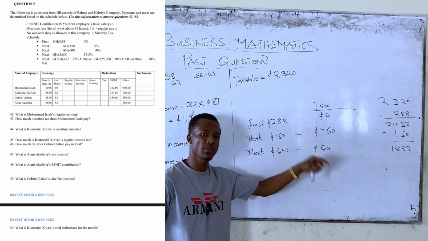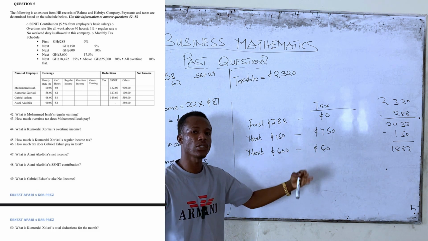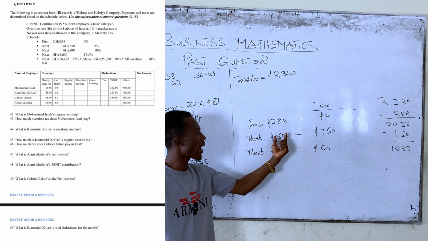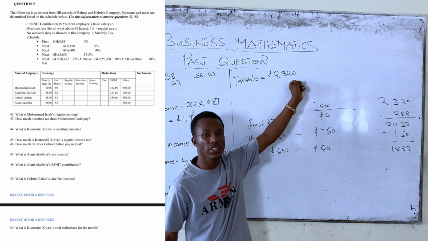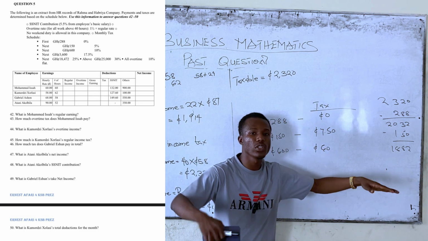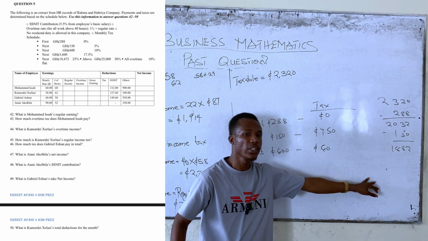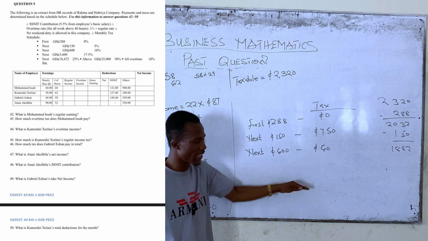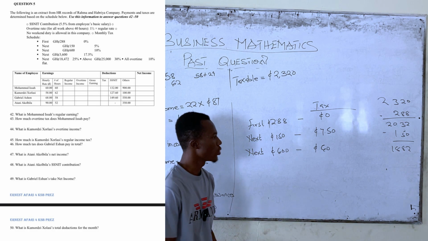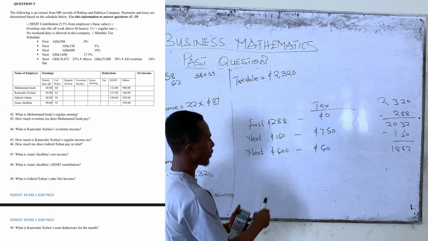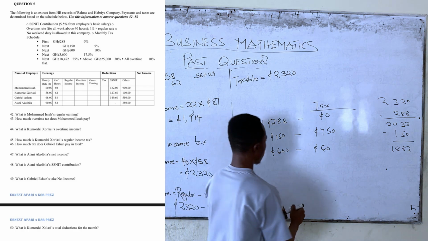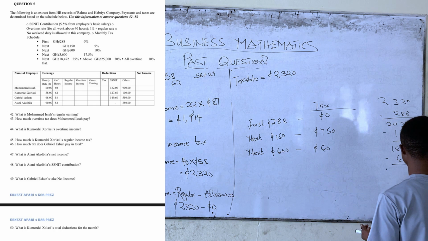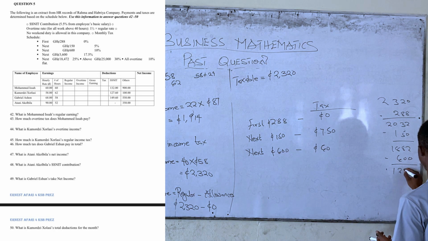But as we multiply by the percentage to get the taxes, we are also subtracting the amount from the total so that we will know where we have gotten to. If you don't do it that way, you finish solving everything only to realize the amount will not get to the last part. I hope you get that. Now that we are left with 1,882, we are done with 600, so we subtract 600 and we get 1,282.